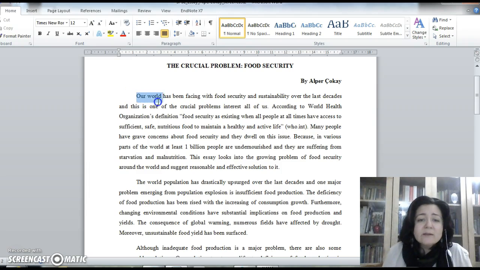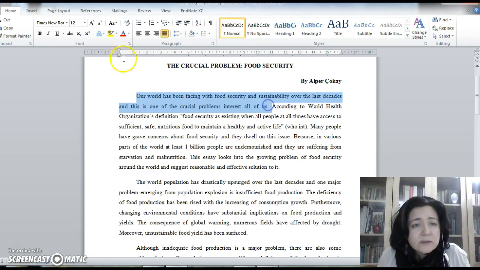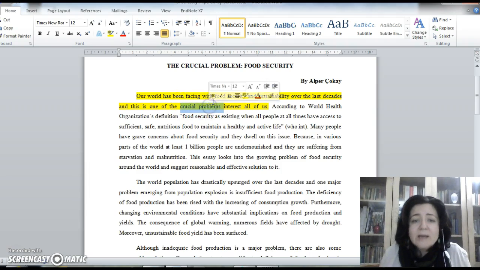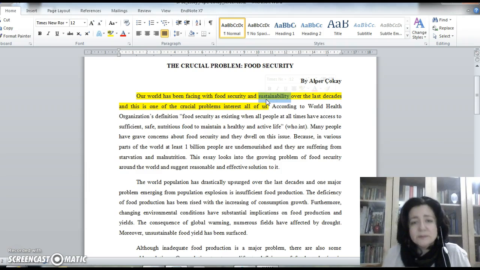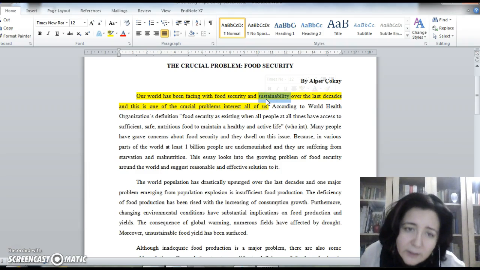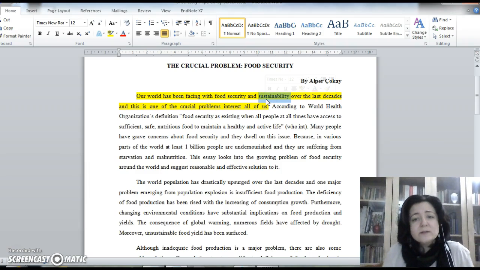So if we look at the first sentence of this sample essay, it's clear here that there are some crucial problems, and these crucial problems are food security and sustainability problems. As soon as the student started writing the essay, he told us about these 2 main problems that he'll be discussing.